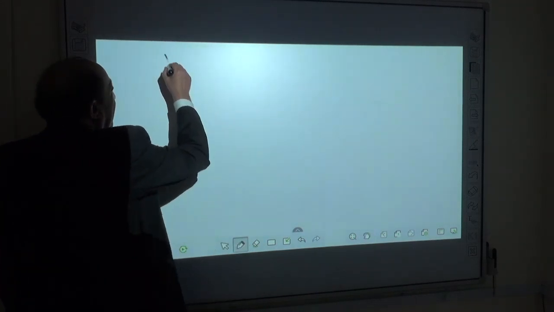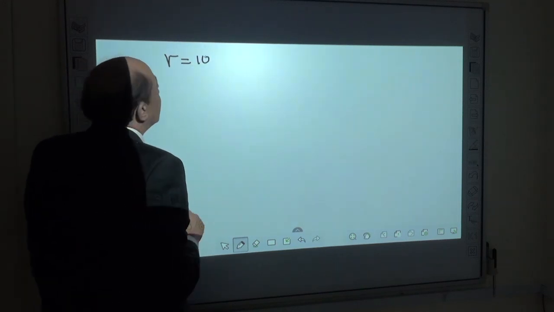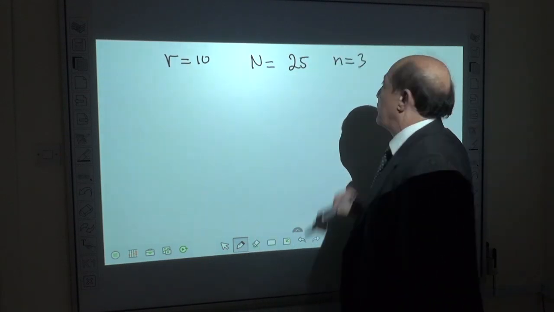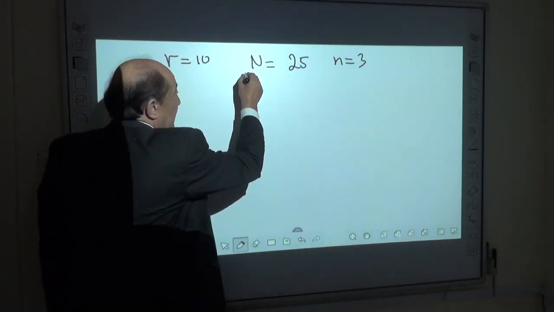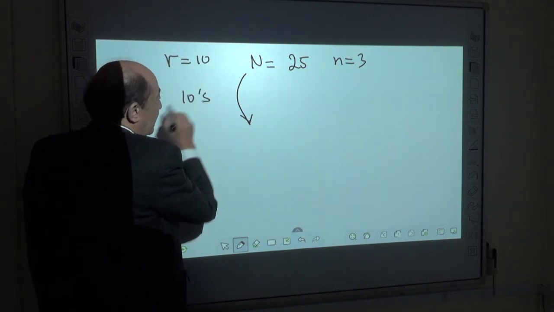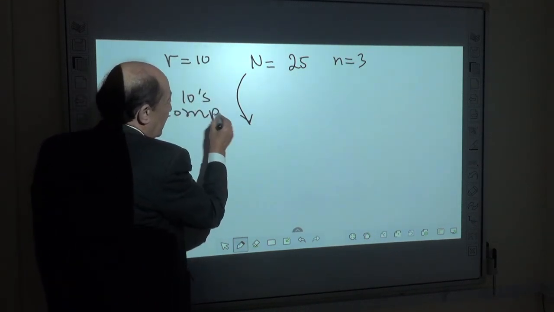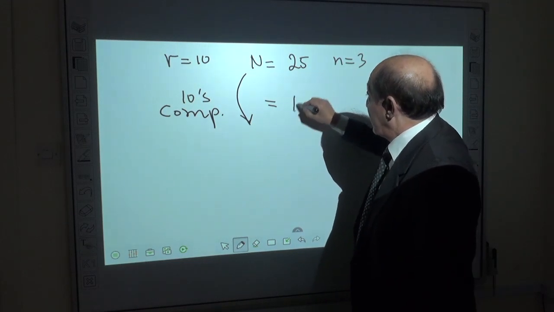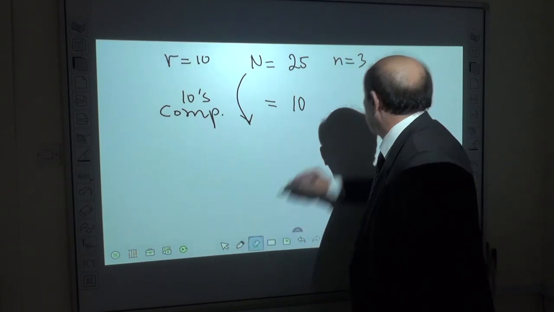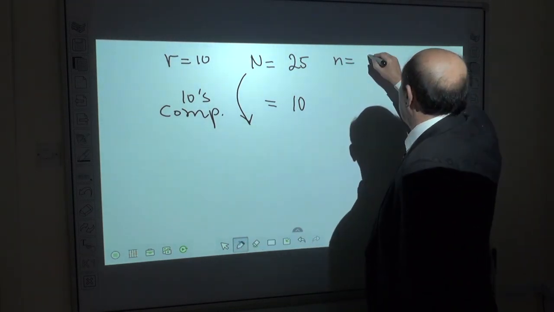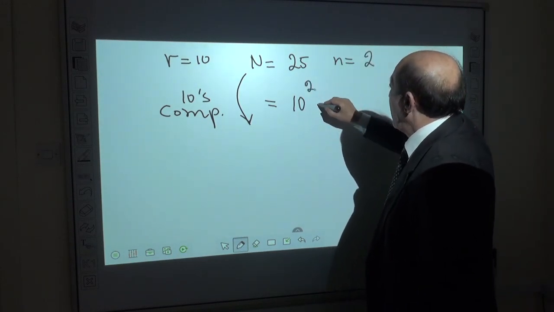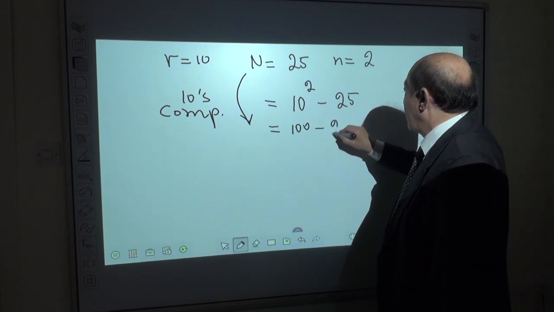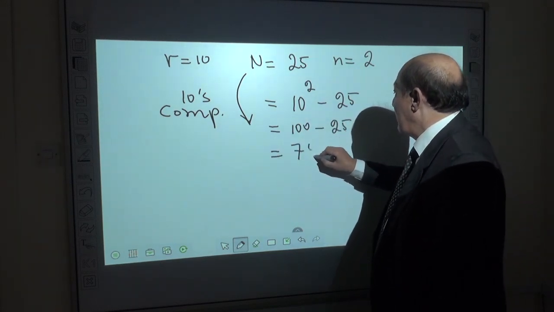Again, in decimal, if we have n equal to 25, small n, the number of digits, equal 3, the 10's complement of n is equal to 10 to the power n, equal here 2, not 3, 2. 10 to the power 2 minus just the number 25, which is 100 minus 25, which is equal to 75.